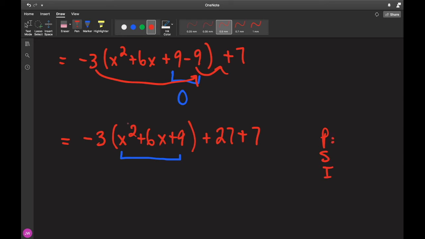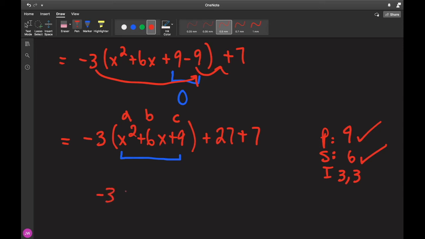The product is a times c, which is 1 times 9, which is 9. And the sum is b, which is 6. So now you have to find two integers that multiply to 9 but add to 6, and those two numbers are 3 and 3, because 3 times 3 is 9 and 3 plus 3 is 6.